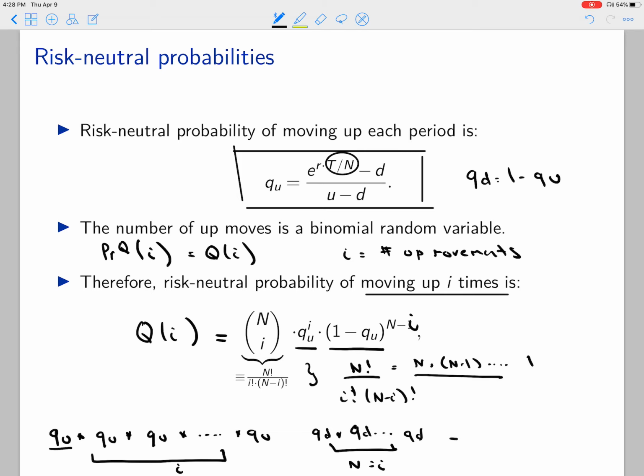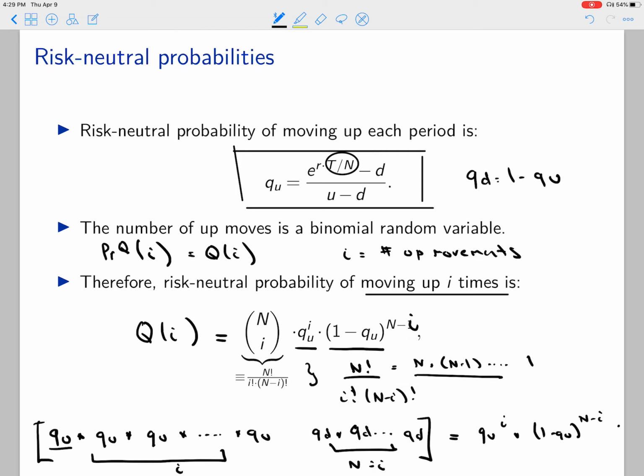So for a single path in which you move up I times in a row and then successively down n minus I times in a row, the probability is QU times itself I times, or QU to the I, times QD to the n minus I, which is 1 minus QU to the n minus I. This is a single path that results in a total of I up movements.